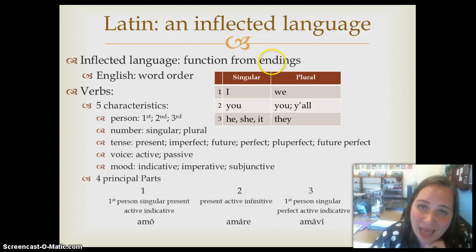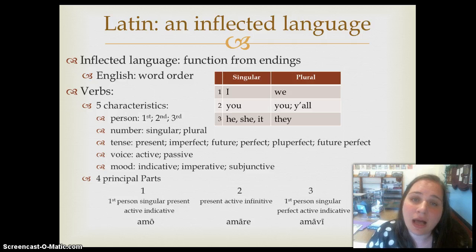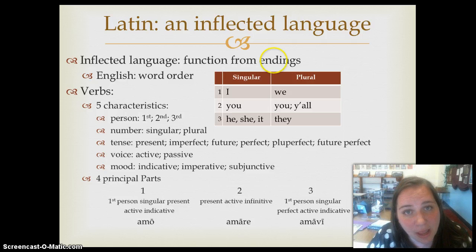Not true in Latin. Like so many other languages, Latin also conjugates its verbs. So you need to learn how to form the 5 characteristics of the verb and all of its possibilities, and the process of doing that is called conjugating.